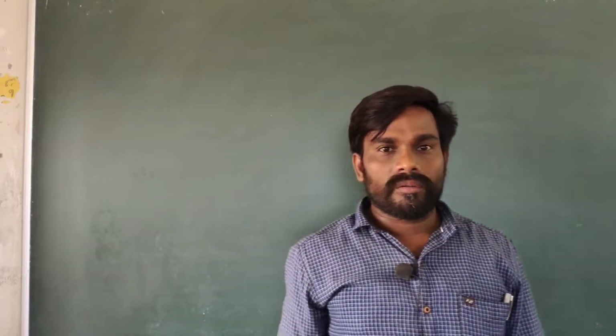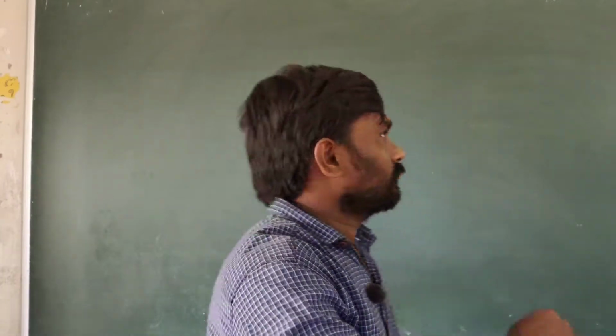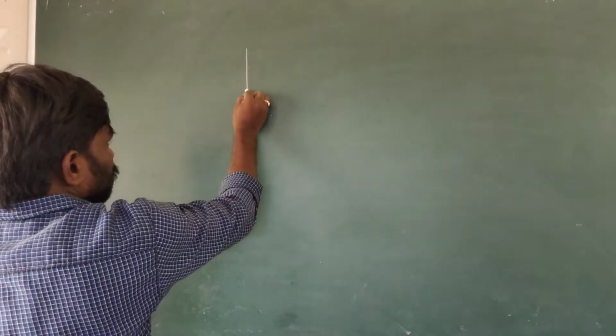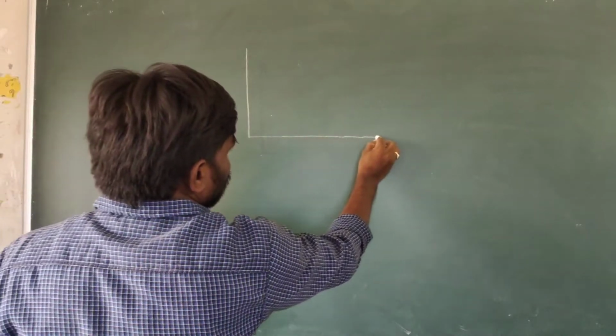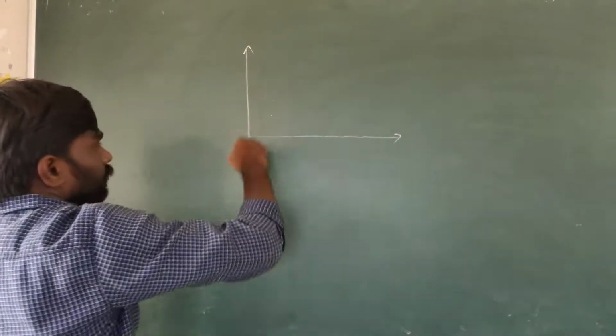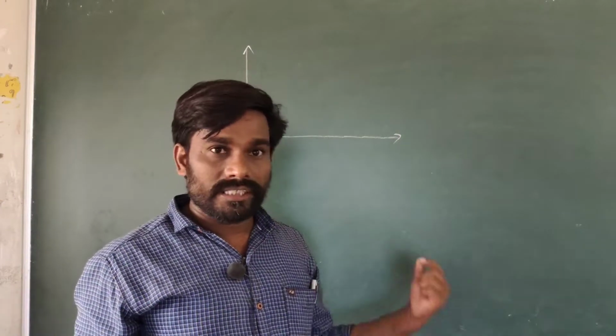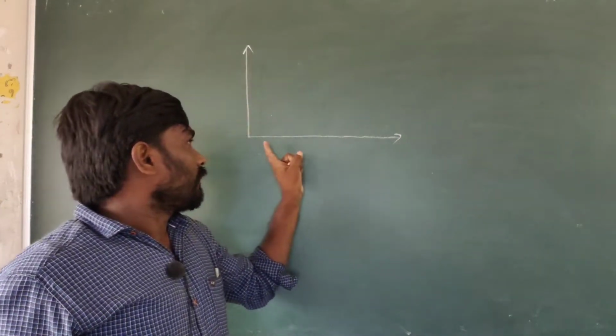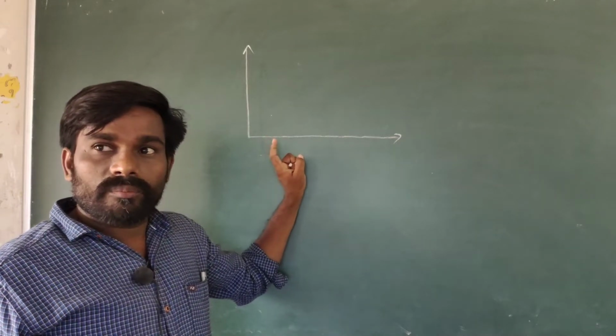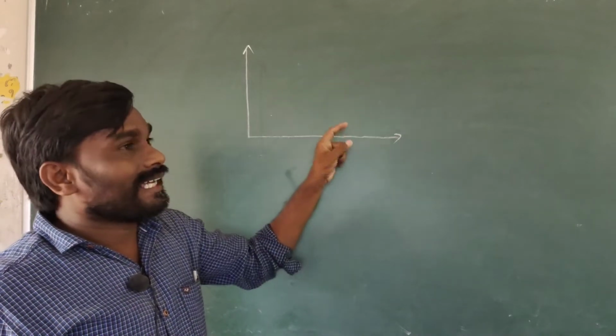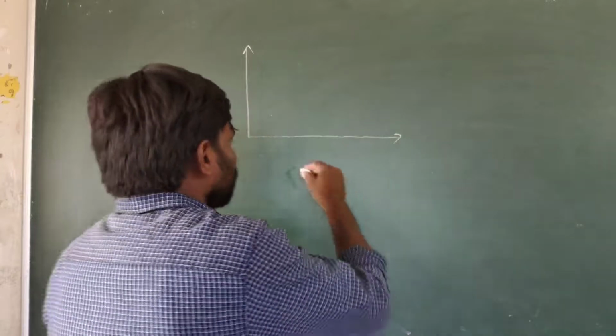Next, an important problem in oblique projectile motion. When a body is projected with some initial velocity u, the body travels from one end of the base of a triangle and falls on the other end of the base of the triangle.